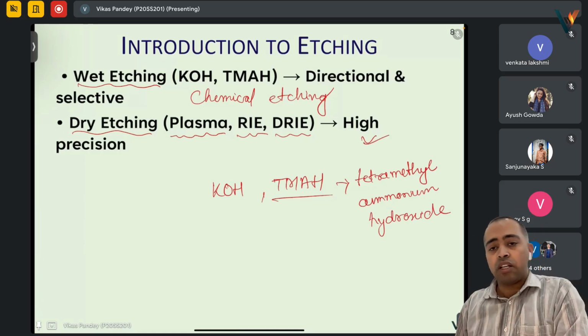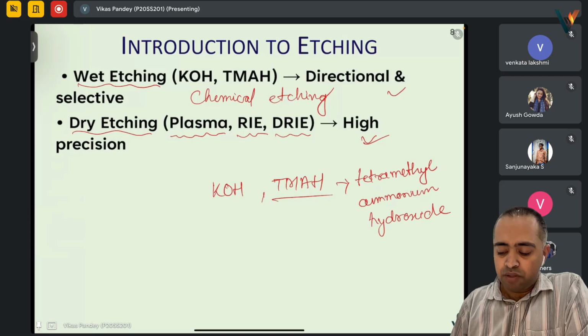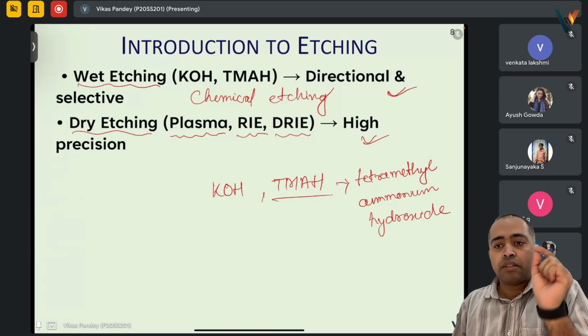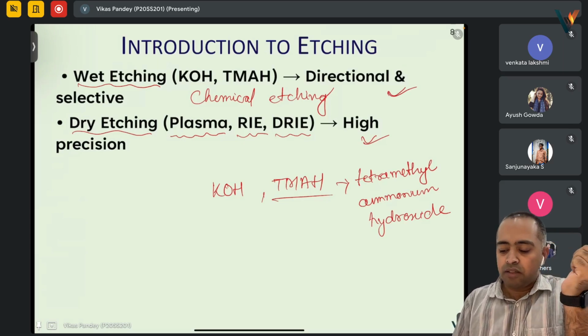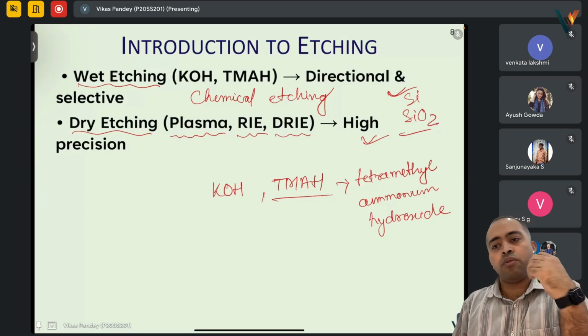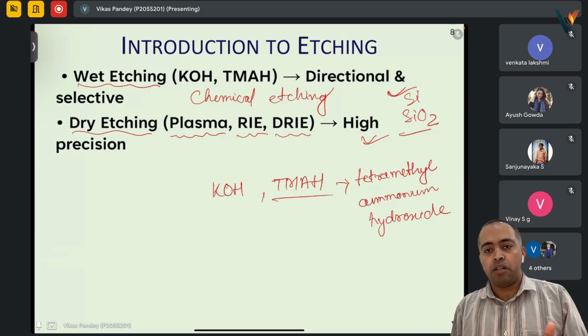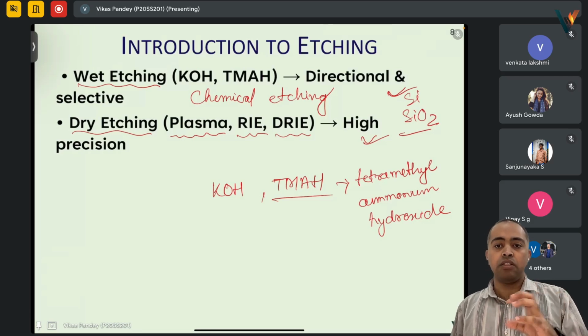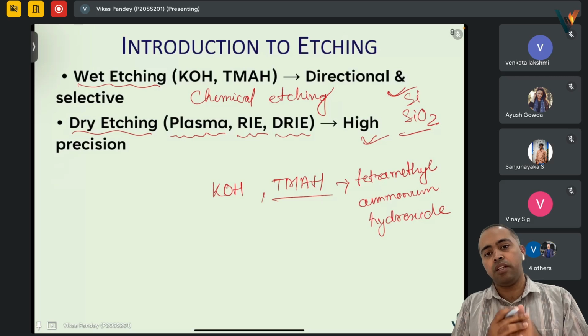That means whatever comes, it will etch out. Whereas wet etching has good selectivity, in the sense that the same chemical etches silicon but will not etch SiO2, so it will not remove other parts. Taking advantage of this chemical property, sometimes specific doping is done so that at this point the etching has to stop.